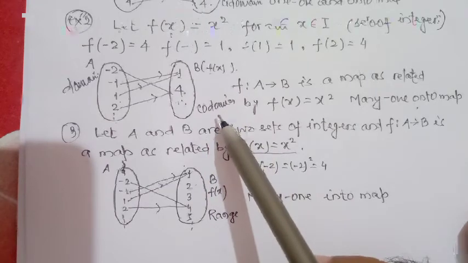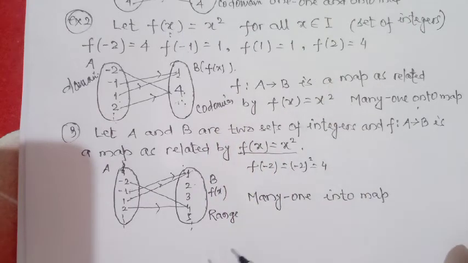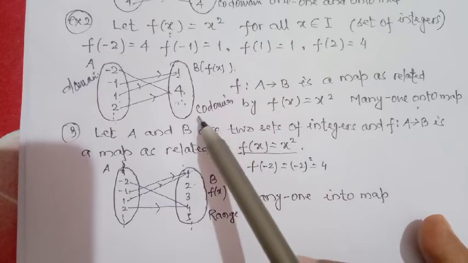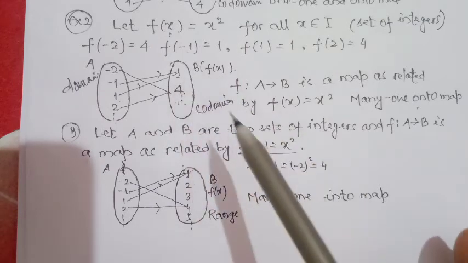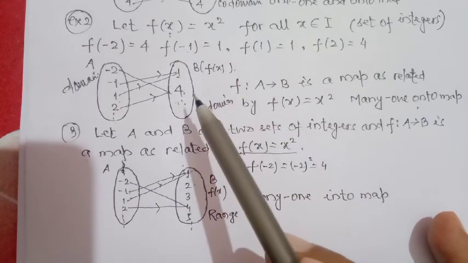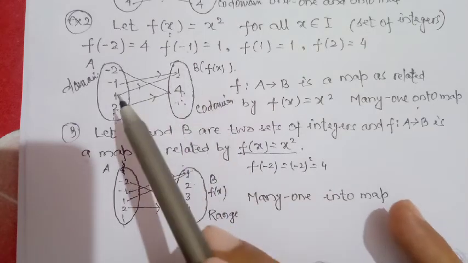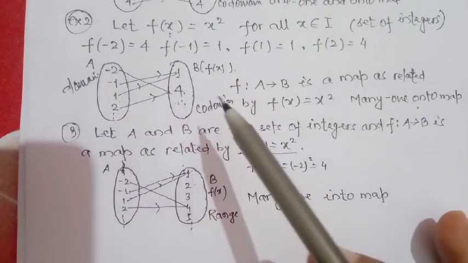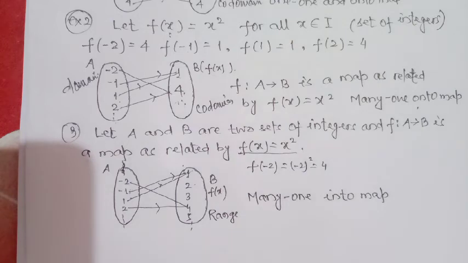Codomain is also a set whose each element is image of domain. But in range, at least one element be not the image. Now see what is difference.